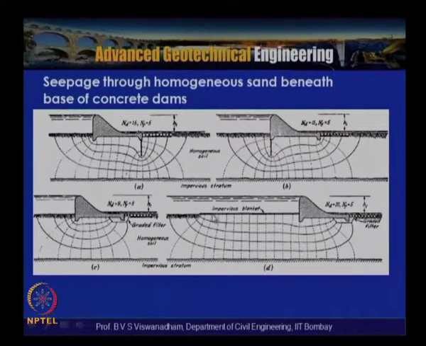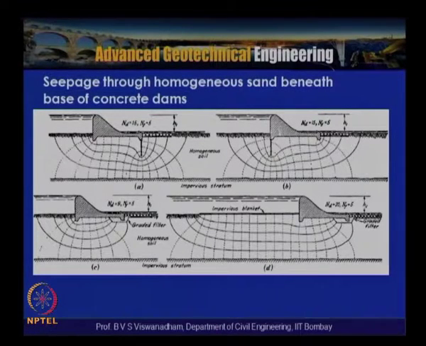For this construction, the impervious blanket has been placed here, and the flow cannot take place through this, so it is diverted away from the face of the concrete dam, and we have the extended flow net which is like this. Here we have a granular filter, and there is an apron placed in all the cases where the apron is shown.